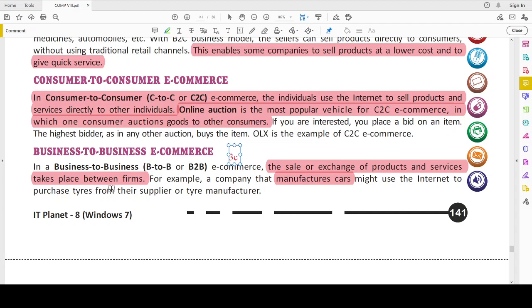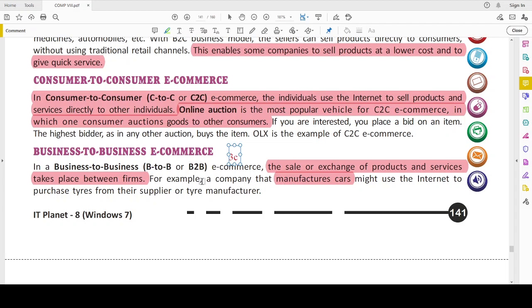They procure the tires from a tire manufacturing company, because a car needs tires to be functional. So this is business to business e-commerce, for example, between the car manufacturing company and the tire manufacturing company.